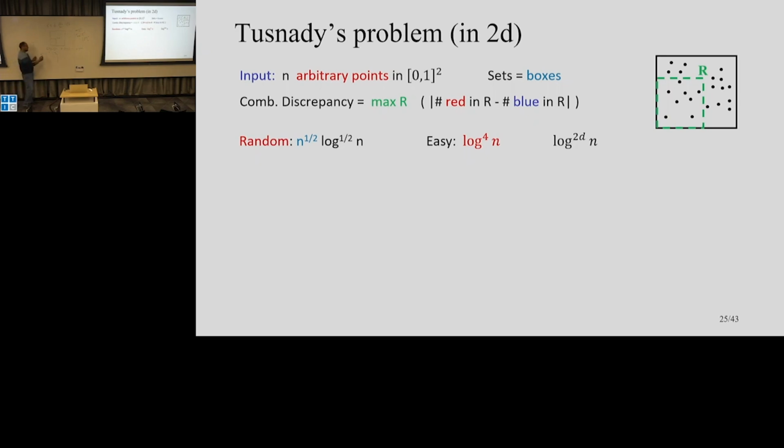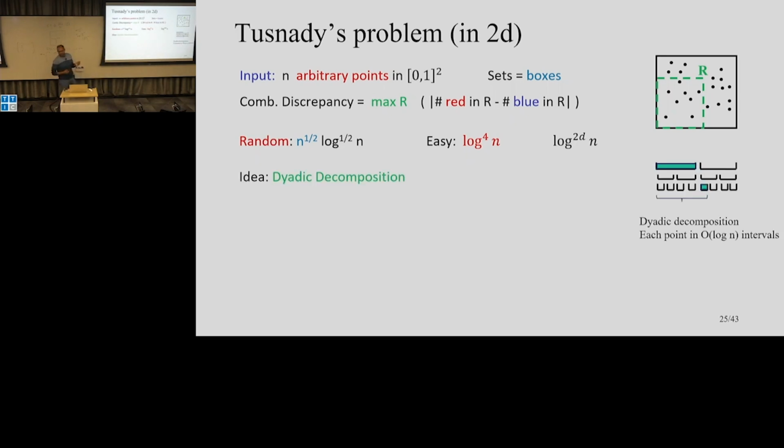Naively, this is not column sparse at all, because a point near the origin could lie in many rectangles. This guy will lie in almost every rectangle. But here is a trick. You can use dyadic decompositions, and we'll see how you get a polylog.